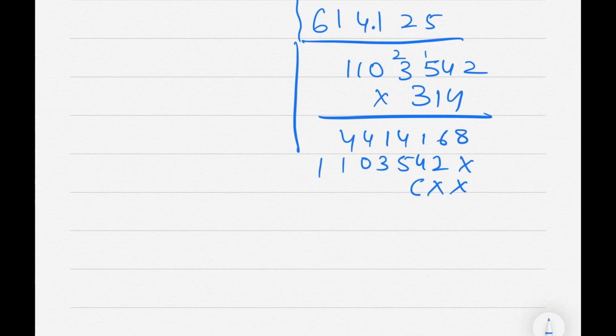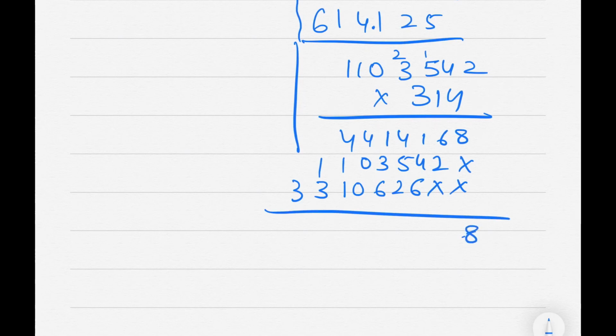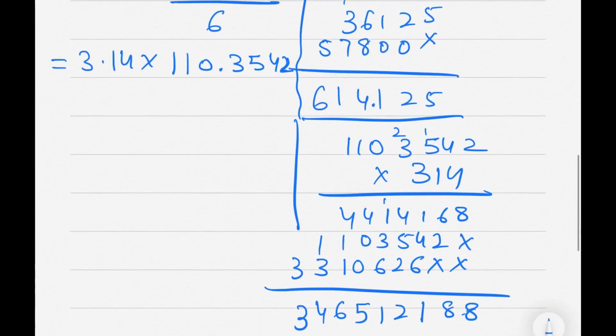So I have 3 2s are 6, and 3 4s are 12, 1 carry, 3 5s are 15, 16, 1 carry, 3 3s are 9, 3 2s are 6, 3 4s are 12, 1 carry, 5 is 15, 16, 1 carry, 3 is 9, 10, 3 1s are 3, and 3 1s are 3. Okay, so I get 8, 8, 11, 1 carry, 12, 1 carry, 11, 1 carry, 5, 6, 4, and 3.